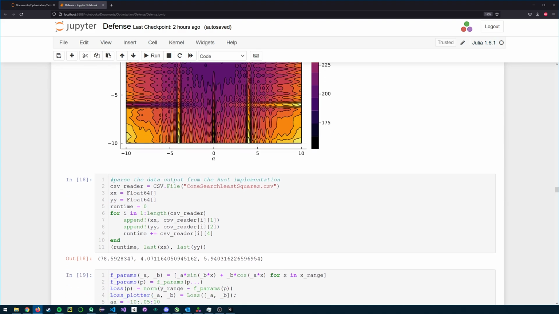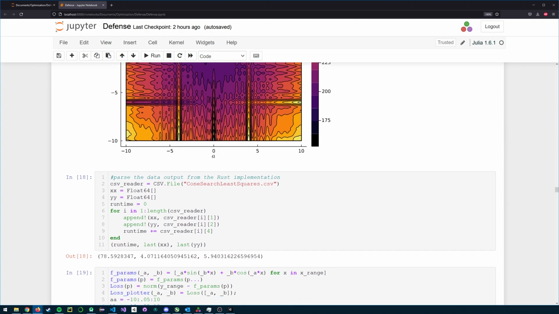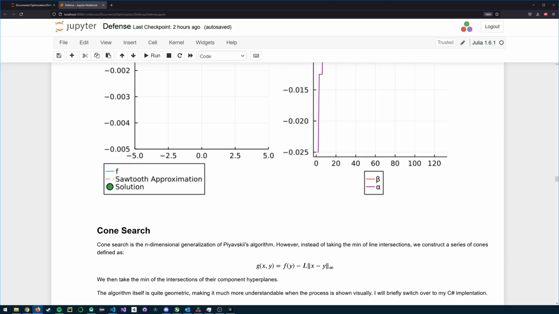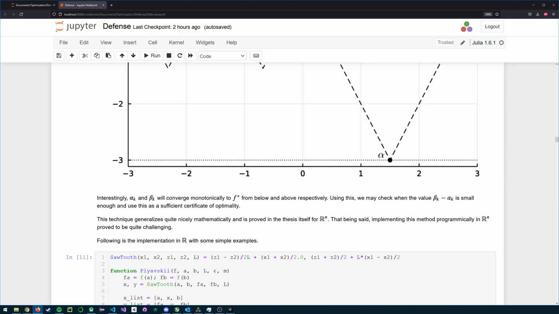Let's keep going here. I've already solved this problem in this Rust implementation, exported the output to a CSV file, and I'm reading the CSV in here. And here we see the first limitation of this method. In R1 up here, I'll go back to this picture because it's really telling.